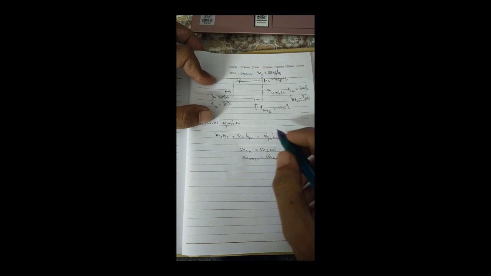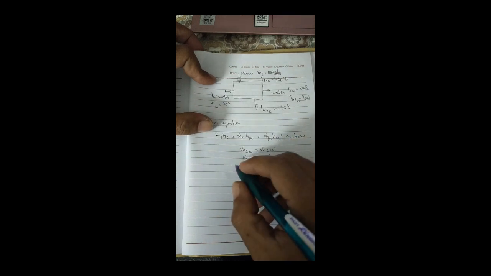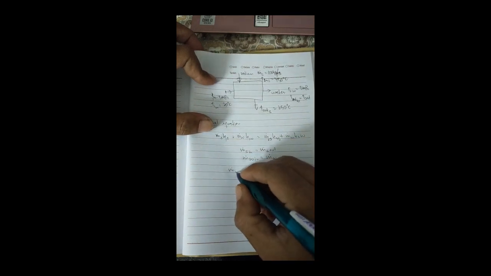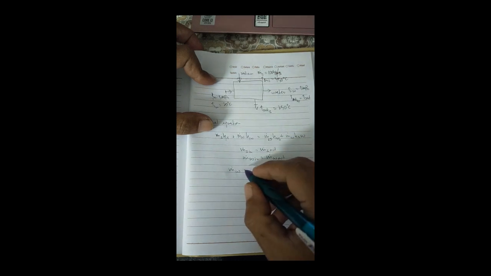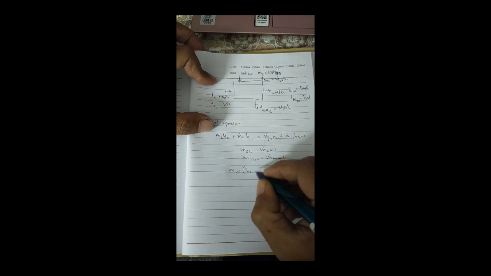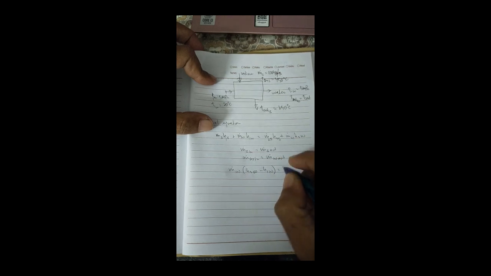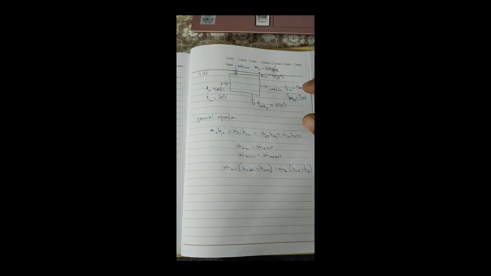Okay, so rearrange the equation. So m dot water (H2 water minus H1 water) is equivalent to m dot sodium (H2 sodium minus H1 sodium). Okay, your general equation.